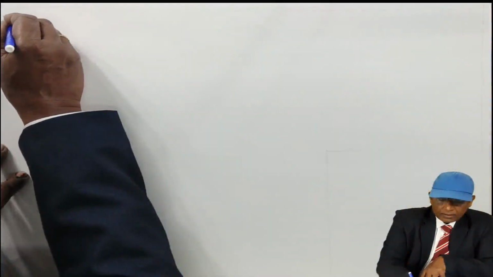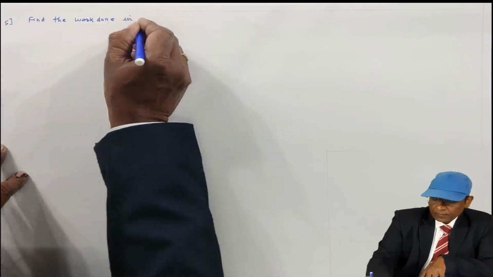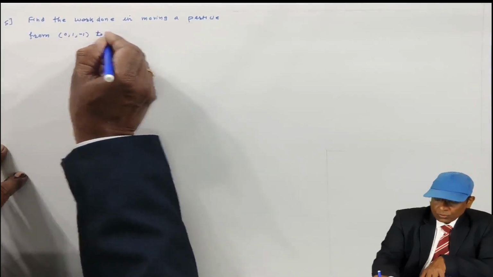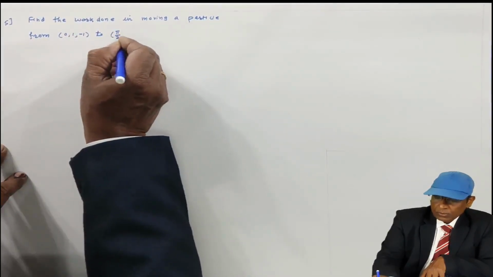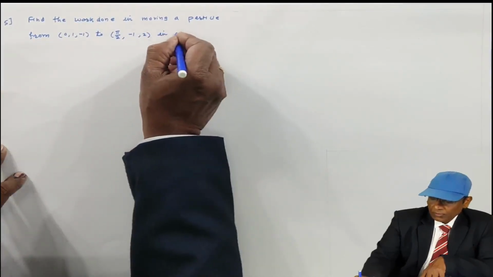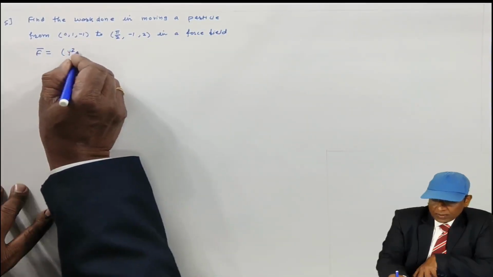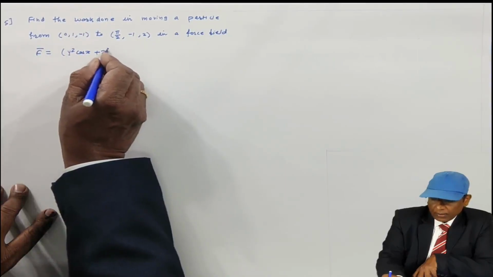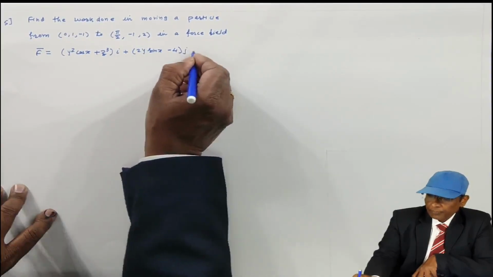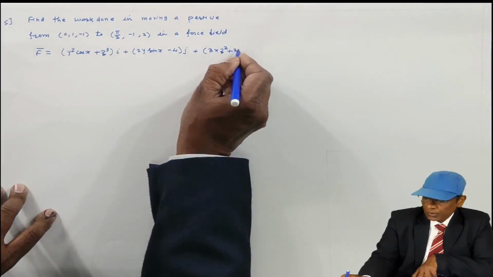Find the work done in moving a particle from (0, 1, minus 1) to (pi by 2, x coordinate, minus 1, and 2) in a force field F(r) equals (y square cos x plus z cube) i plus (2y sin x minus 4) j plus (3x z square plus 2) k.